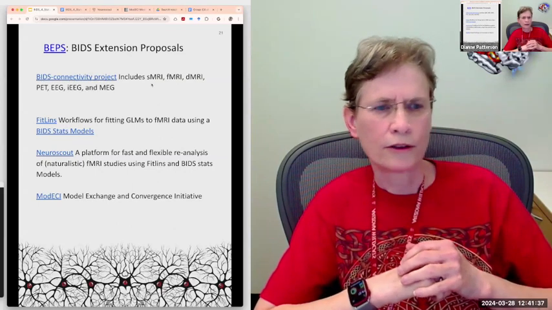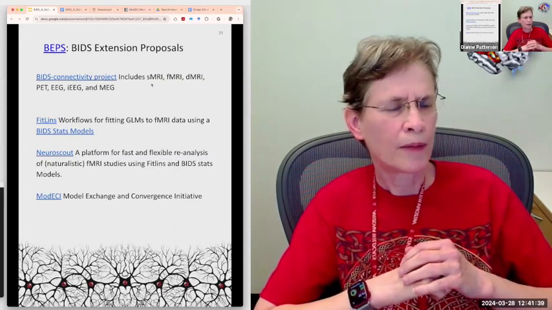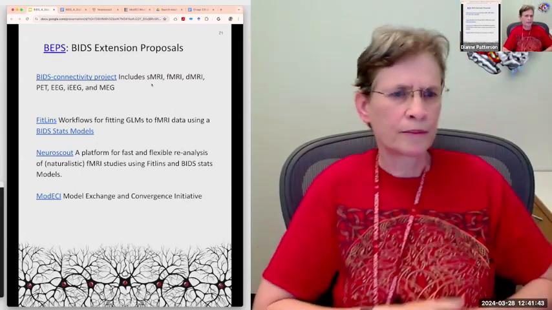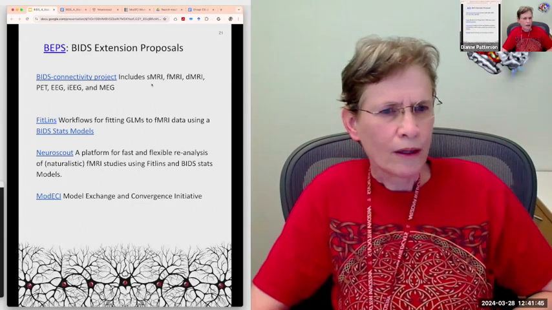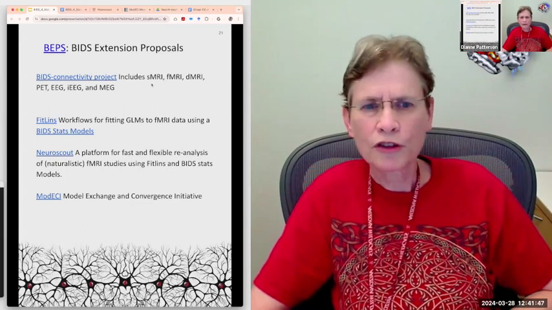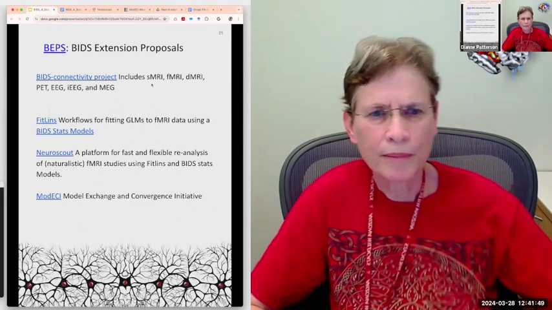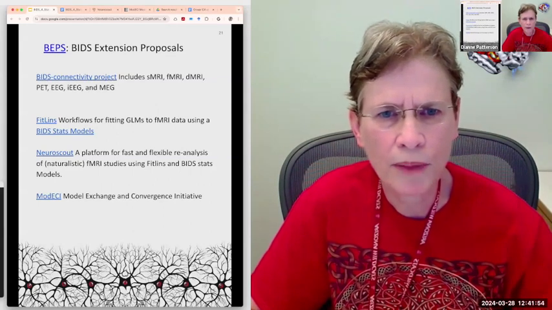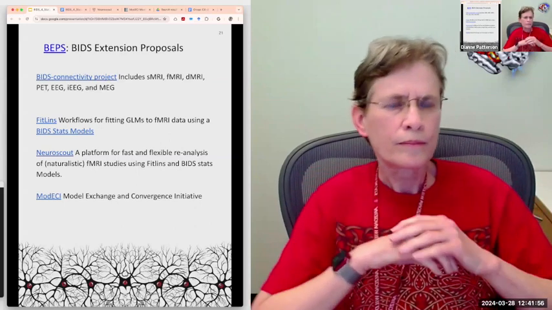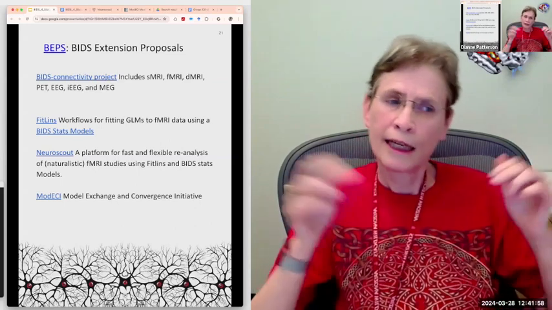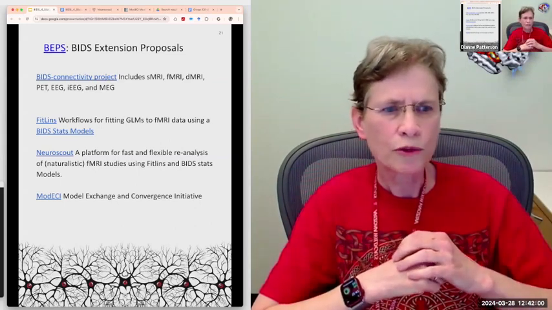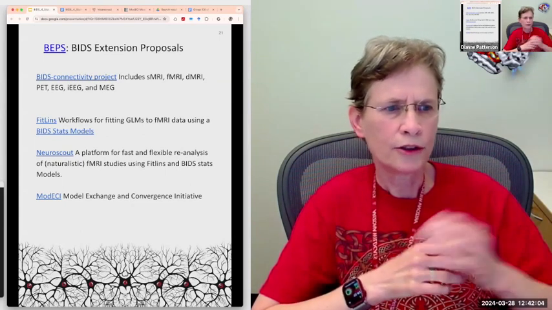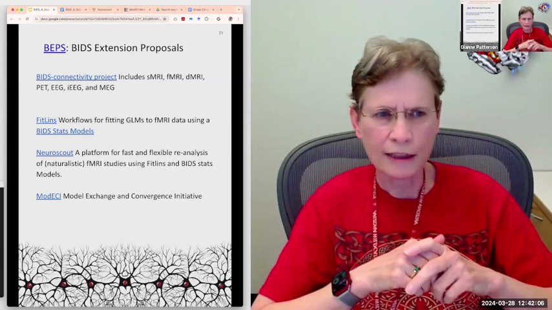NeuroScout. NeuroScout is cool. I read a whole paper on this because it was mentioned in the Poldrack article. And what it does is it's kind of split off from BIDS at this point because it's its own thing, but it's definitely totally inspired by BIDS. It provides a platform for fast and flexible reanalysis of naturalistic fMRI data using the FitLens and the BIDS stats model.